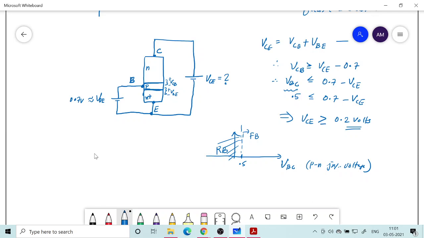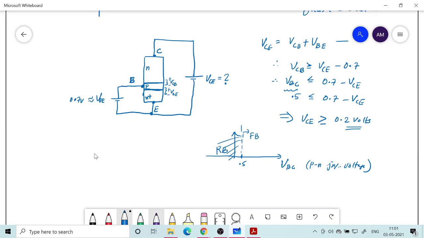When a particular junction, the VBE PN junction, is forward biased, then basically a lot of diffusion of carriers from one side to the other will happen.